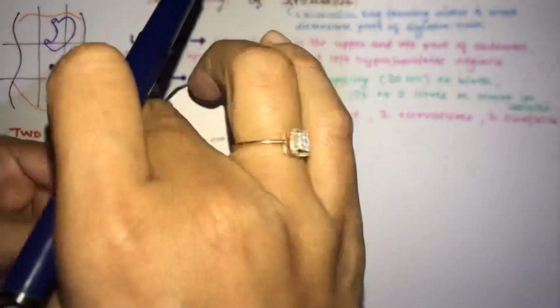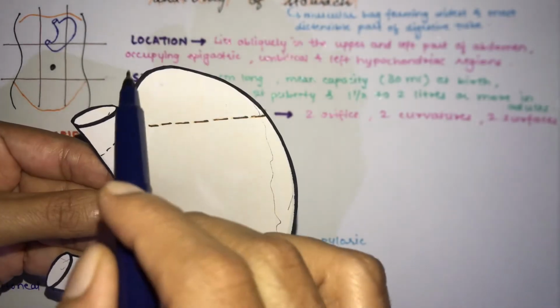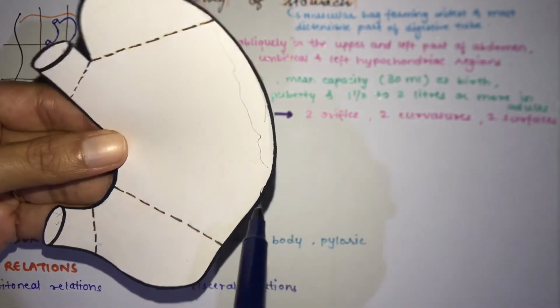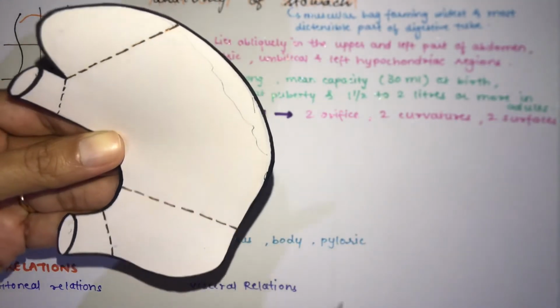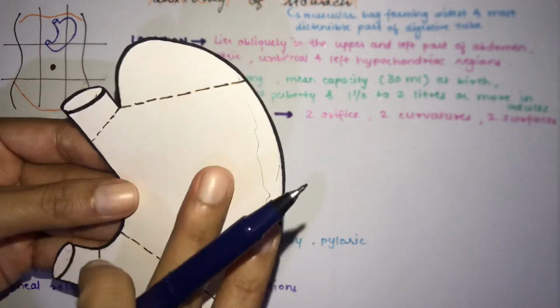So this is the extension of your greater curvature. It arcs towards the back side on the left side, and then goes towards the right side towards your pyloric antrum. So this is about the greater curvature.